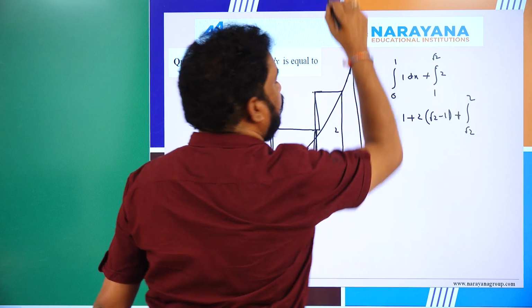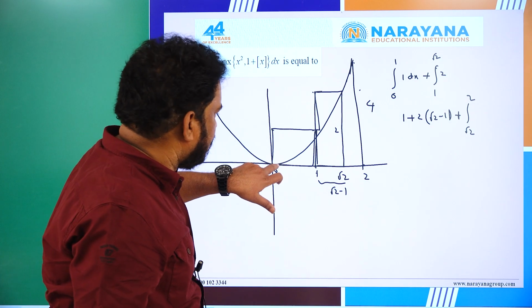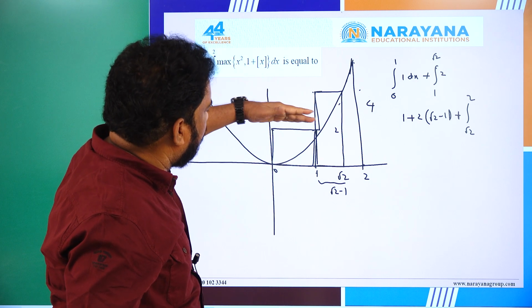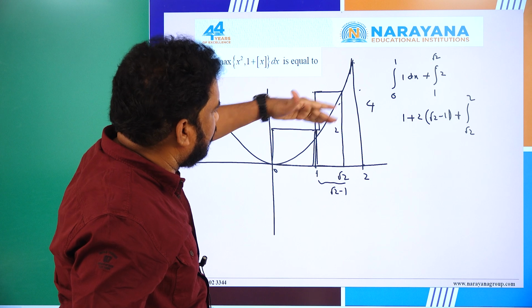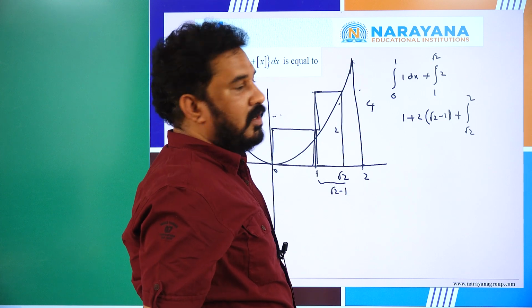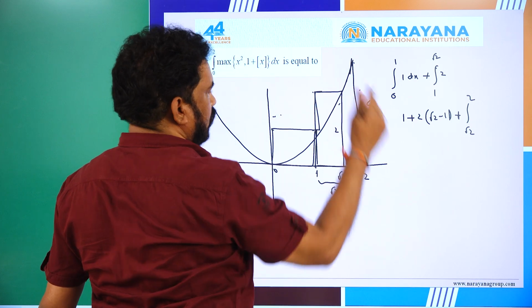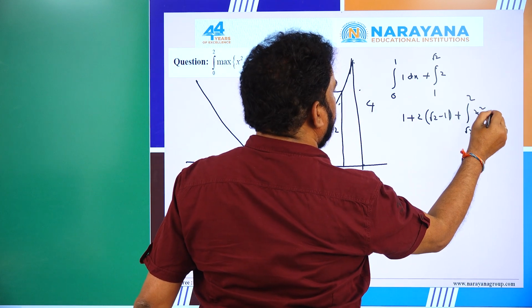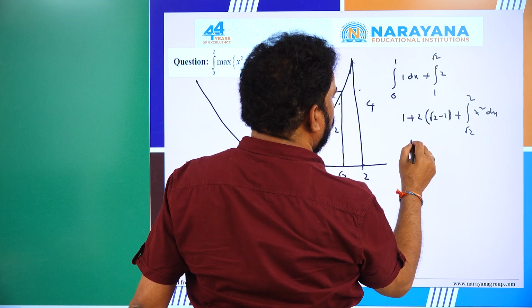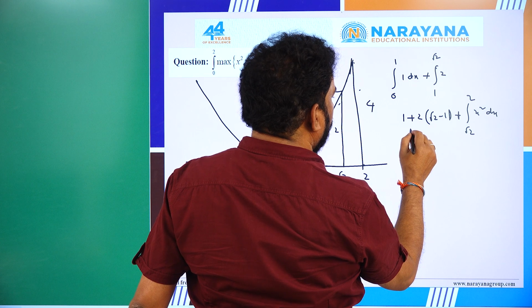After root 2, the graph, see before this, this is below 1 plus step x graph is maximum more than this. But after root 2, the parabola graph is more. So this is x square dx. So that this is 2 root 2 minus 2.